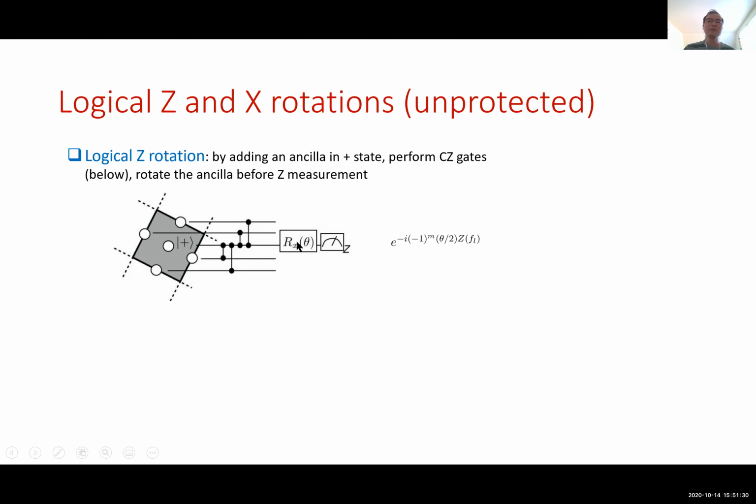And before I measure out these ancilla qubits, I do a rotation in the X basis. Because it's a single qubit rotation, I can do it. It may not be protected, it could be noisy, but suppose I do that, and then I measure in the Z basis. Then the effect on this is a logical Z rotation, okay?